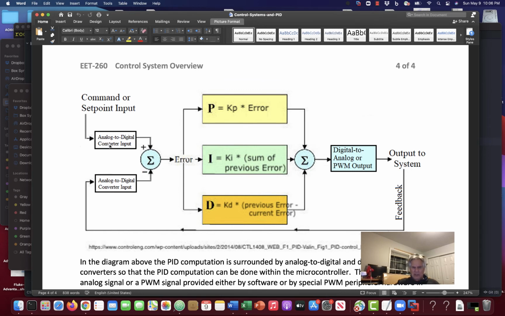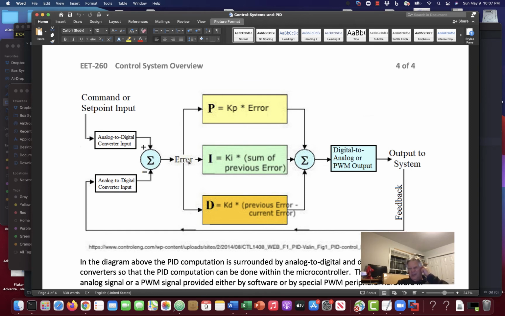So we can get our analog control inputs converted to digital. We can create this error voltage mathematically by subtracting the feedback from the command, coming up with an error.